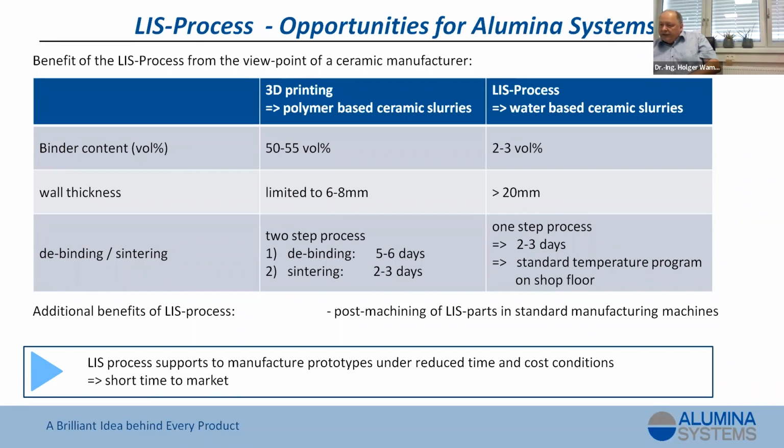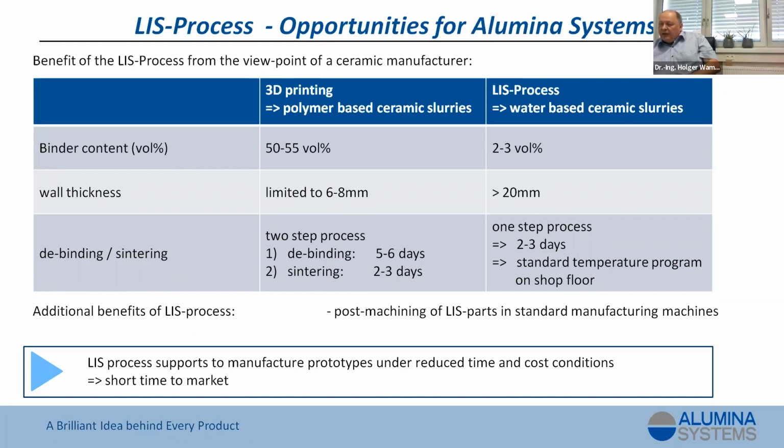And in the LIS process, because the slurry is very similar to our slip casting masses or our pressing powder, we have only a one-step process with a process time of 2 to 3 days. And in addition, we can use standard temperature programs on the shop floor. This is very easy for the people who work with that. We don't have to teach them to take different programs for the kilns.